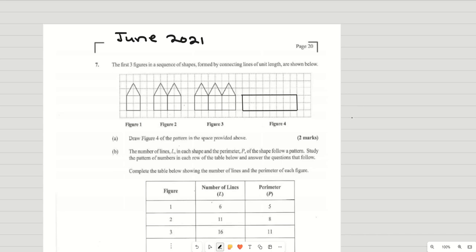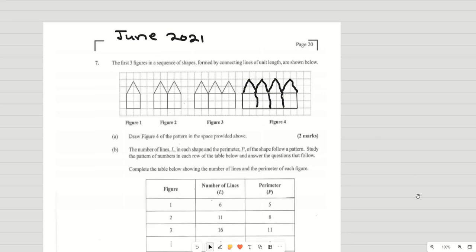Something along these lines, right? 4 houses. That's how figure 4 would look, right?